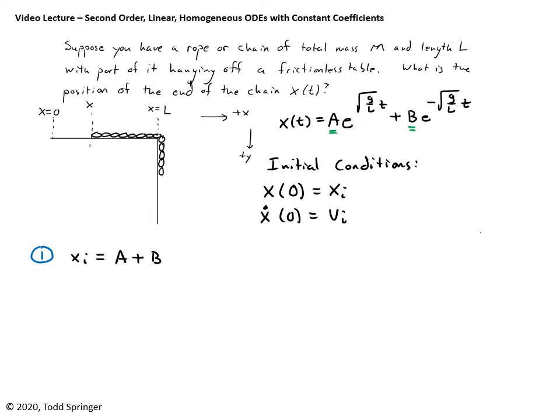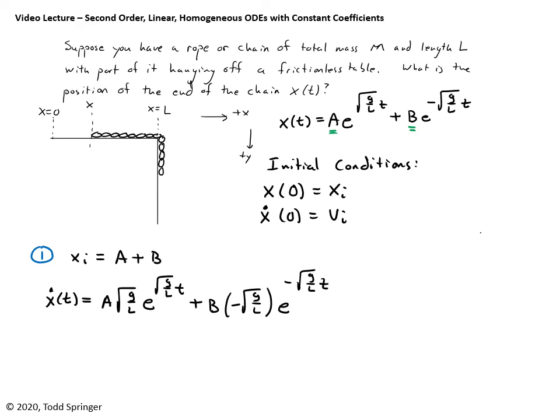The second equation, I've got to take the derivative. So I need x dot of t. So it's a square root g over L e to the square root g over L times t plus b times minus square root g over L. These factors coming out are from the chain rule, e to the minus square root g over L times t.